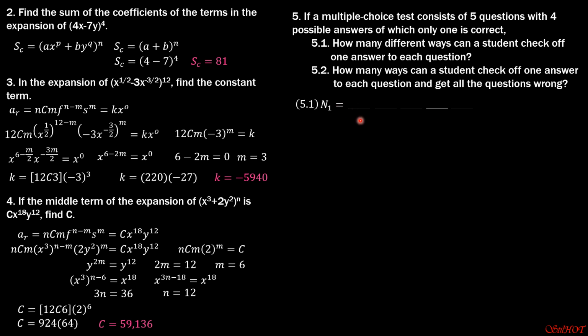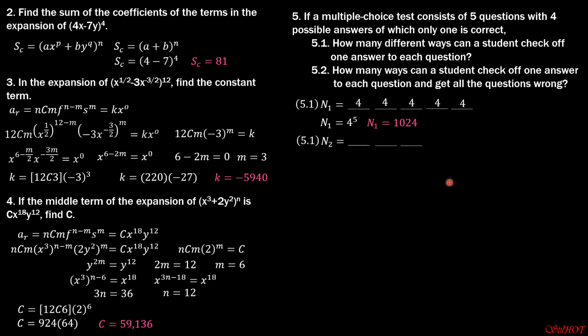Only one is chosen, but there are 4 ways to select an answer: A, B, C, D. So 4 here, then another 4, another 4, another 4, another 4. So that's 4 to the 5, which is equal to 1024.